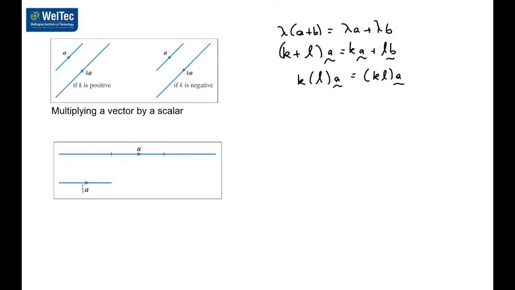So if you look at the second diagram, suppose we've got A, and suppose A has a modulus of 3, then the unit vector is going to have a length of 1.